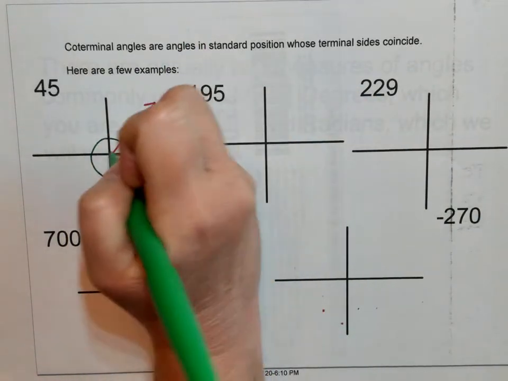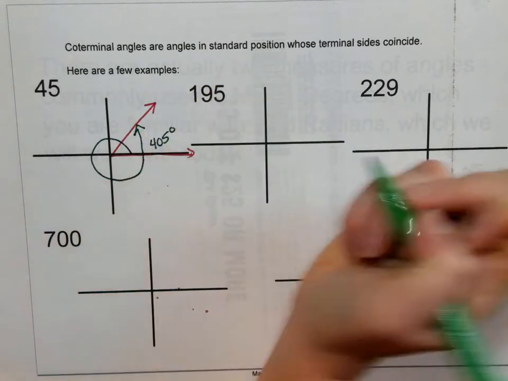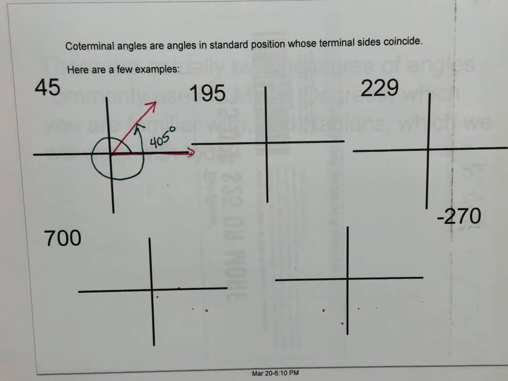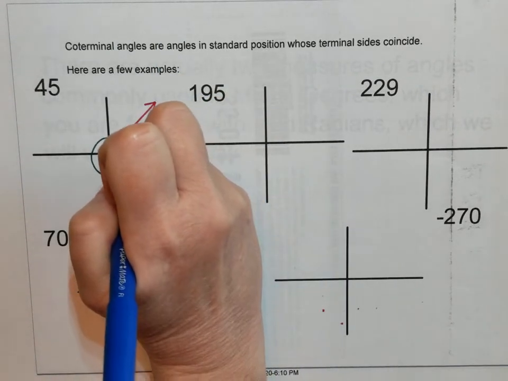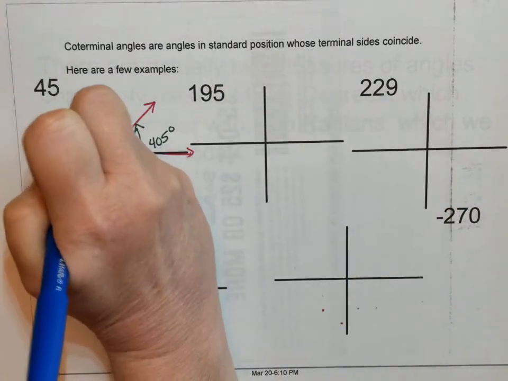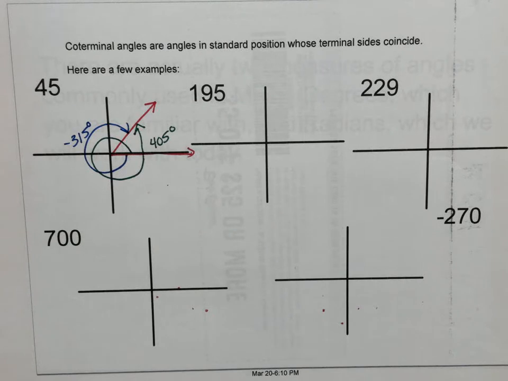Now my terminal side is in the same place, but now I've gone 405 degrees. That's one option. I could go this way around, and now I'm at negative 315 degrees, because 360 minus 45 is 315 if I go the other direction.